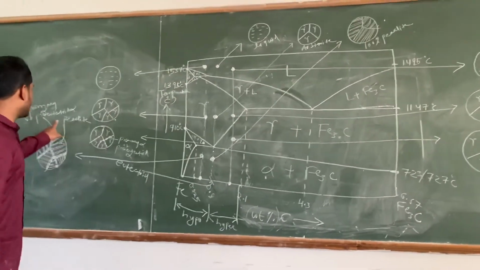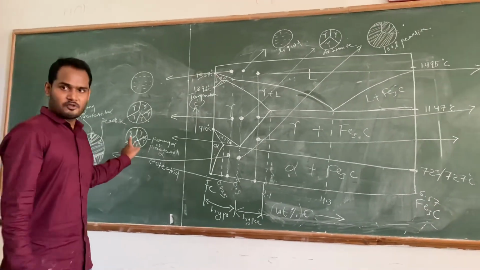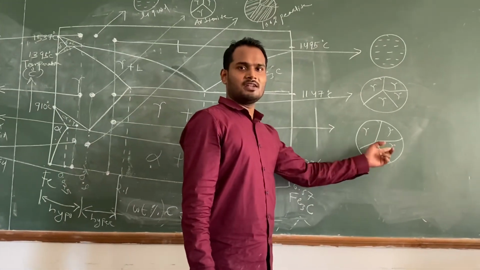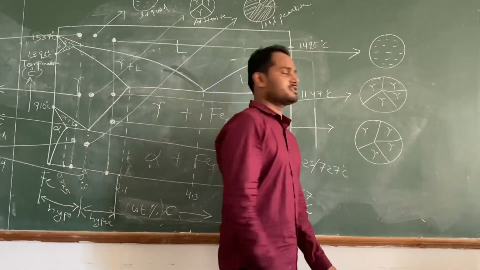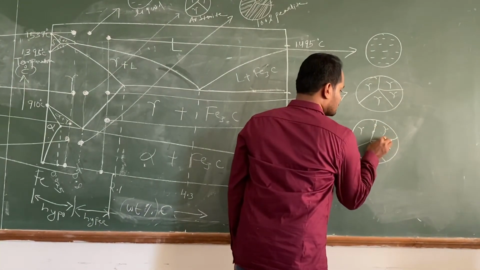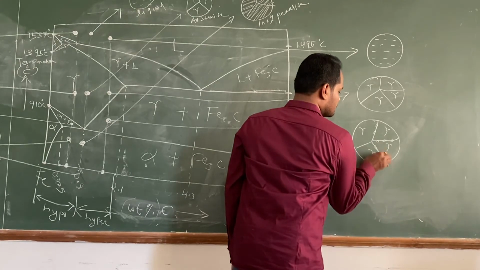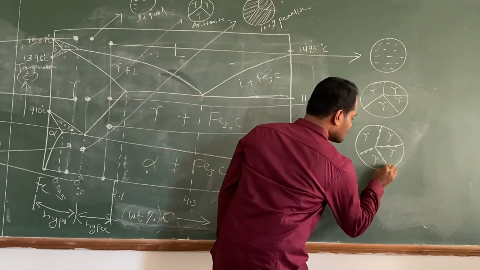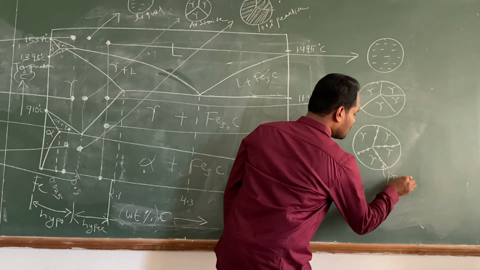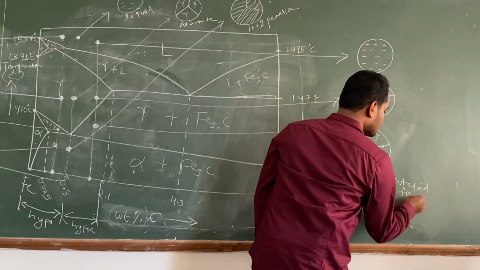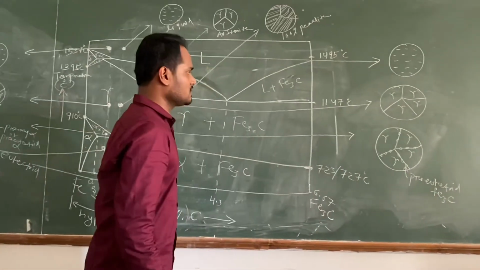Like proeutectoid alpha, it is nucleated along the grain boundary. Same thing happens here. Proeutectoid cementite will form along the grain boundary. So it will nucleate like this. Fine. So this is your proeutectoid Fe3C along the grain boundary, and this is gamma.